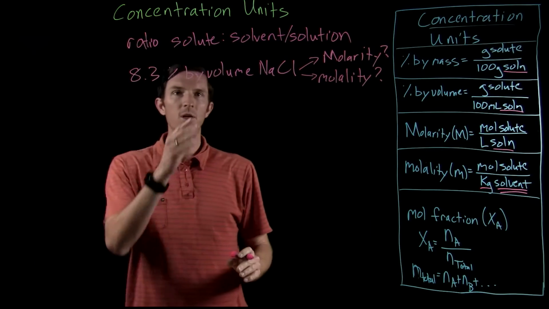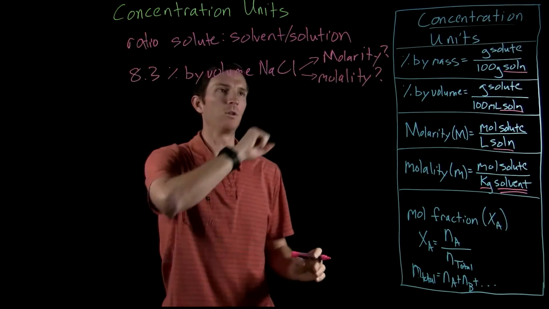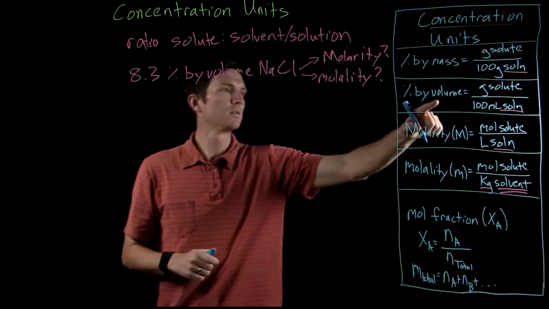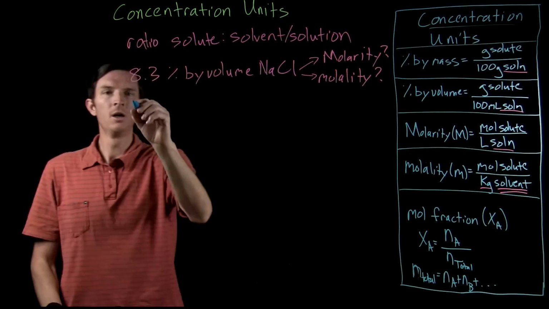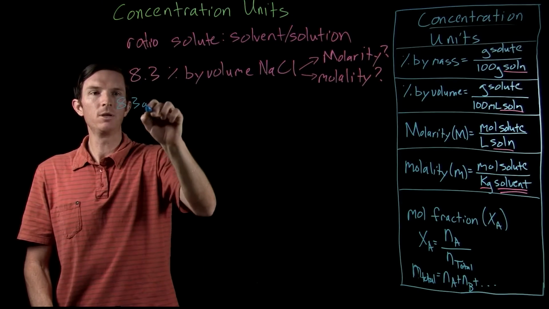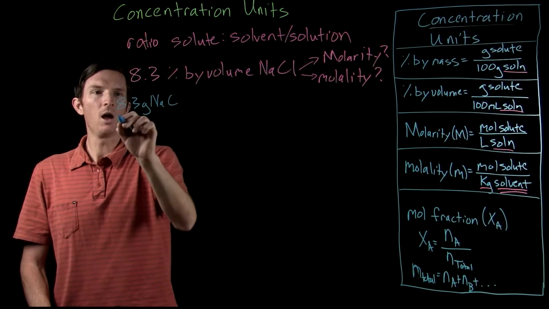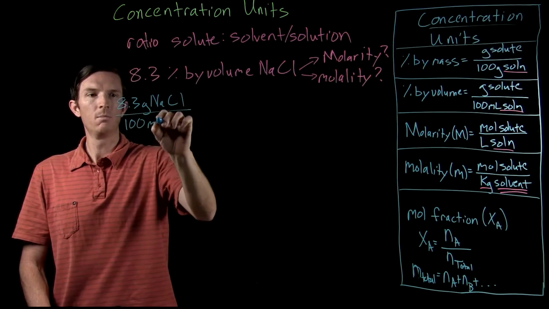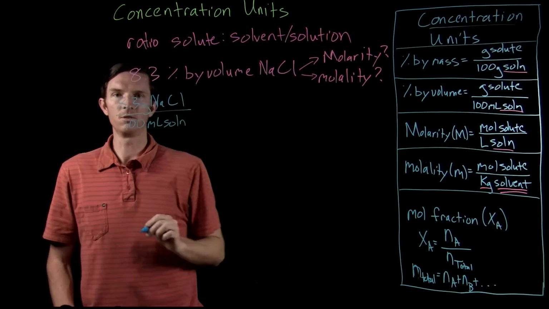Let's start with our first one and see how we can convert to molarity. If we rewrite this similar to what we have over here, we can say this is 8.3 grams of sodium chloride per 100 milliliters of solution.